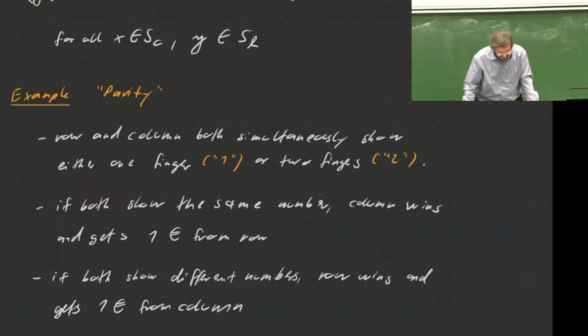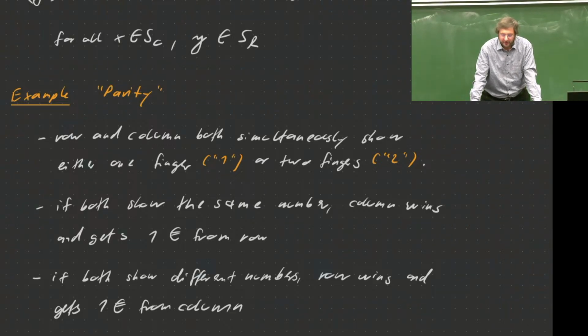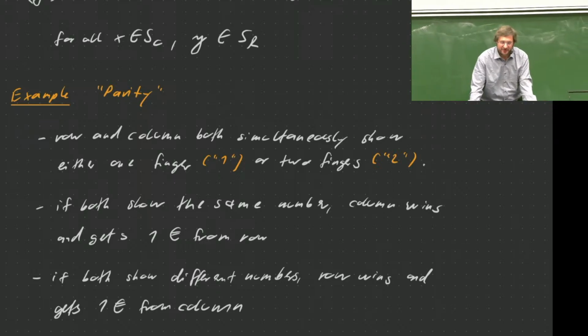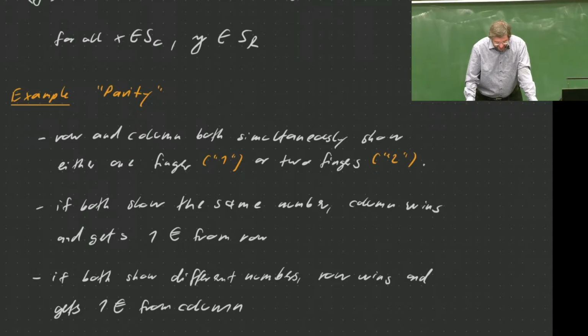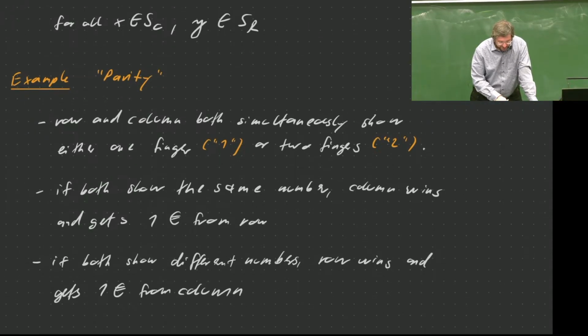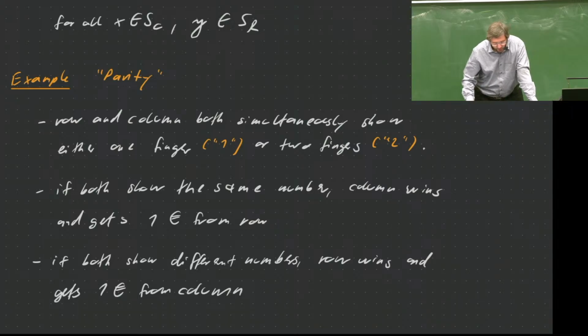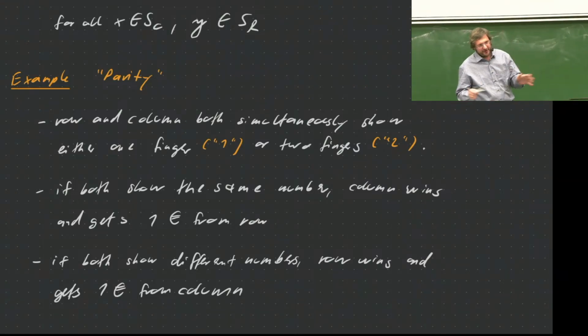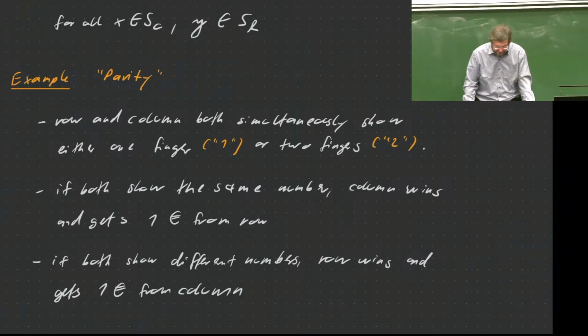All right, so here's a quick example of a matrix game, and most matrix games will look something like that. We have two players. Again, in most cases, they'll have the same set of strategies, but that is not necessarily so. There may be other examples. So here, row and column both simultaneously show either one finger or two fingers. Right? So they count to three, then they show either one finger or two fingers.